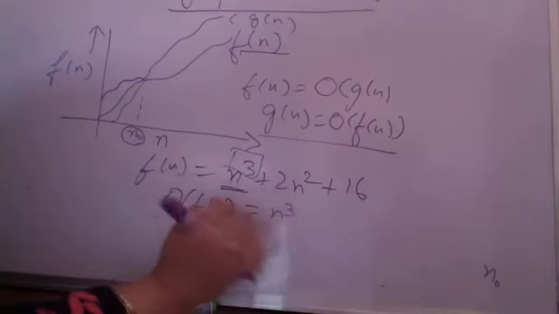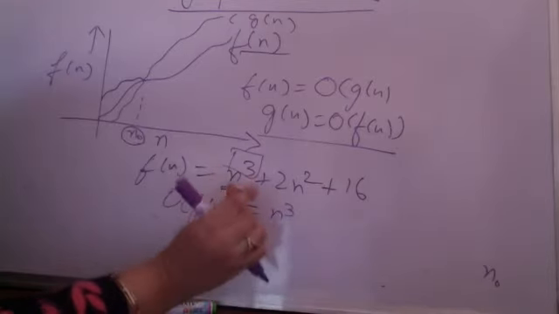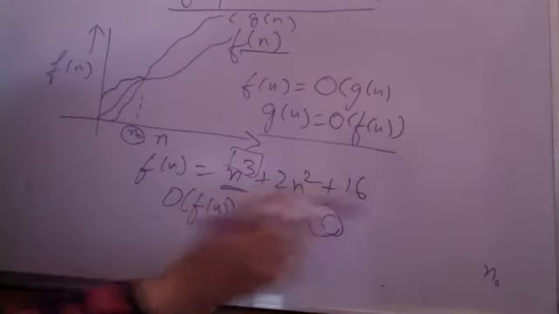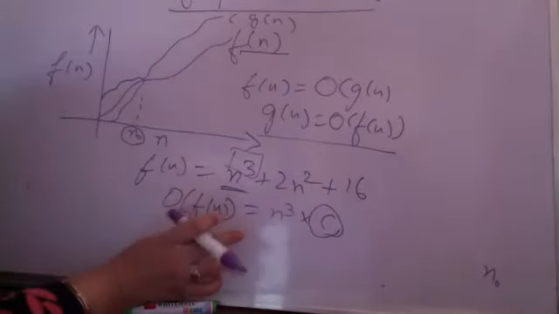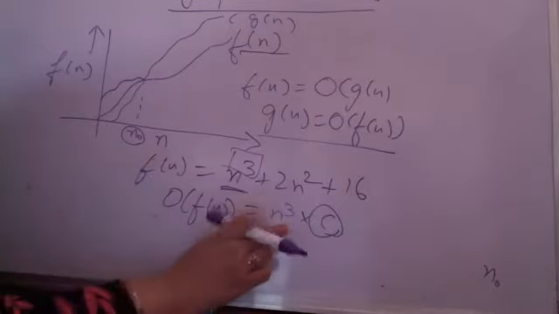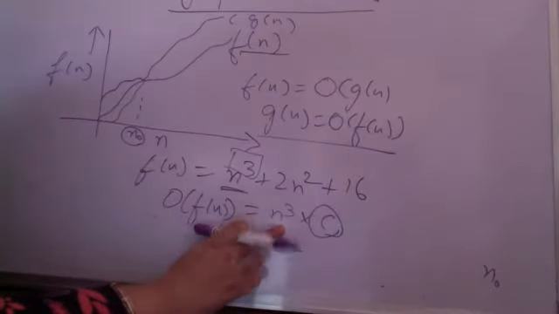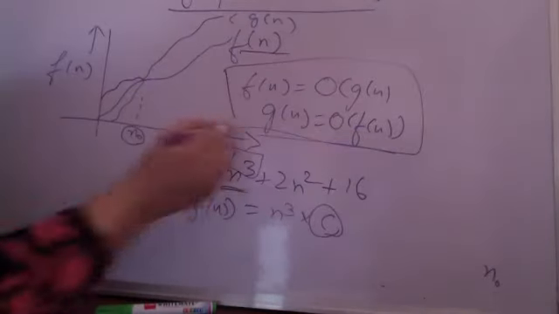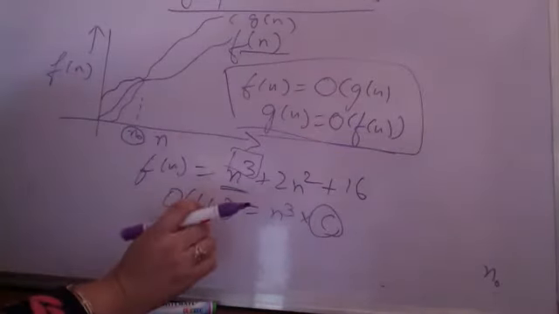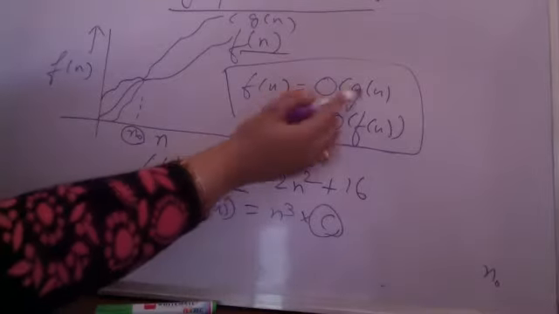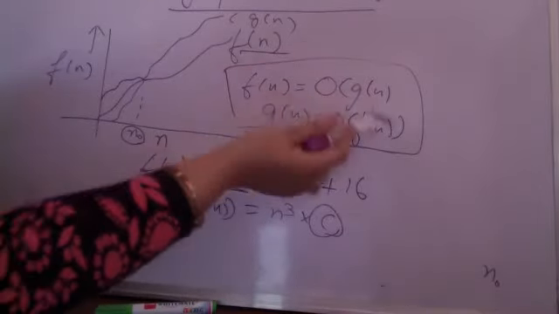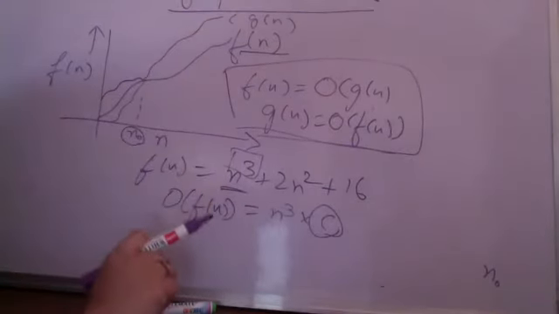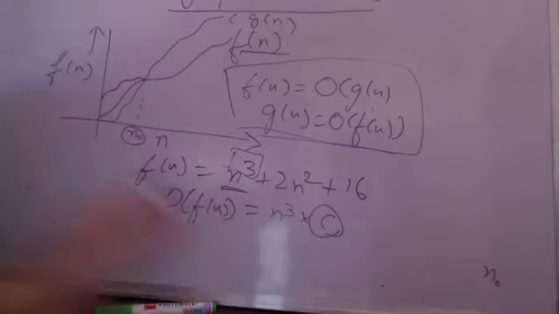Now I am also saying that n cube, when I multiply it with some constant, will always be greater than this. There will definitely be some constant which I multiply with f of n which will be greater than n cube, which in our case is 1 only. Understood? So this will hold true for every function. If f of n has some function g of n as its upper bound, then the upper bound of g of n will also be f of n, only the positive constant c value will change. Is this clear to everyone?